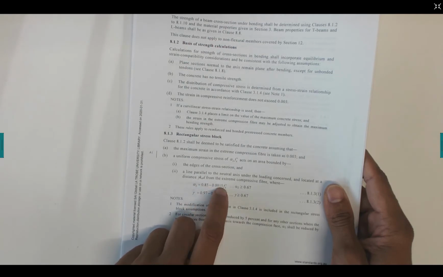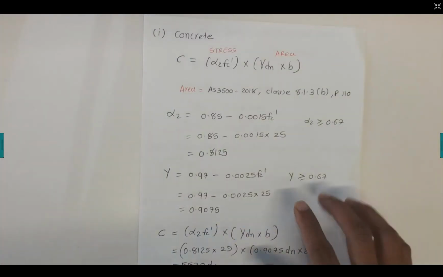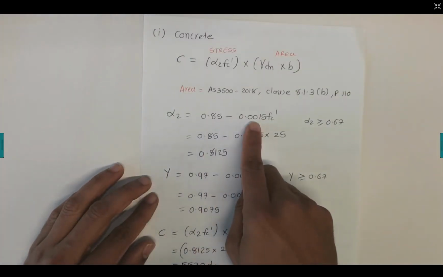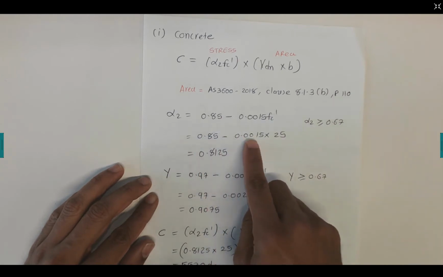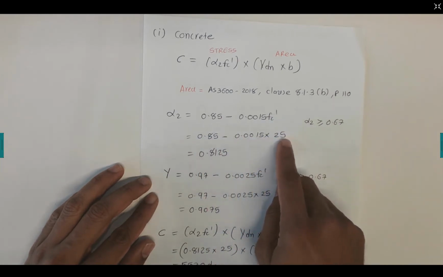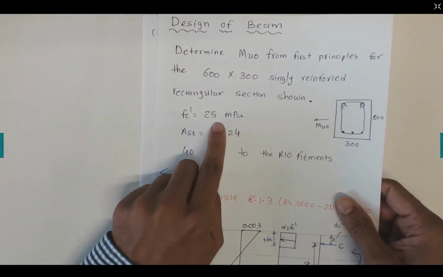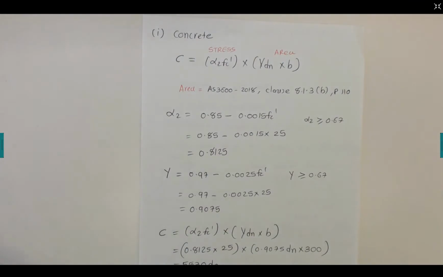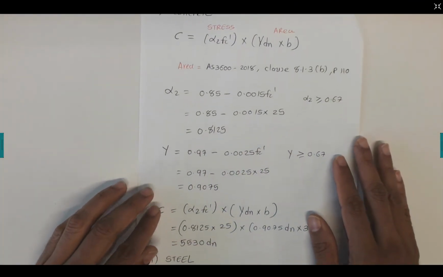If you use this equation and get an alpha 2 value less than 0.67, we need to use 0.67. So alpha 2 is 0.85 take away 0.0015 times fc dash, where fc dash is the concrete compressive strength, given in the question as 25 megapascals. We substitute 25 and we get 0.8125.